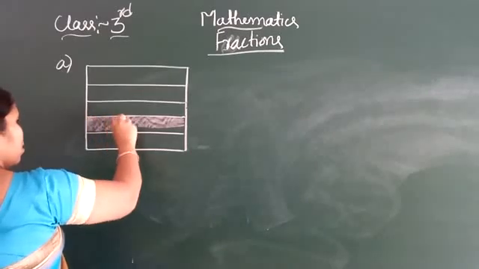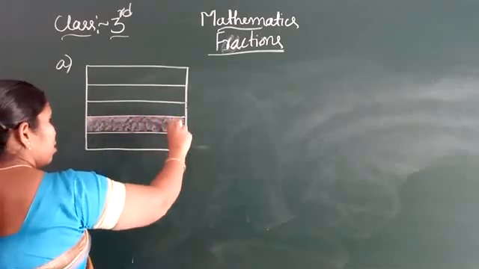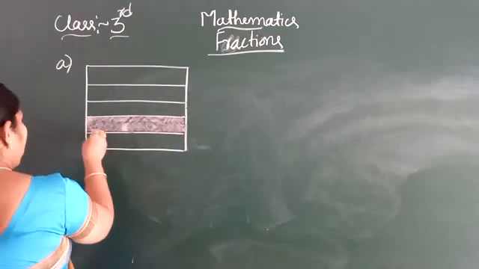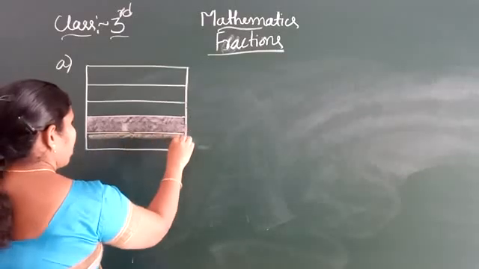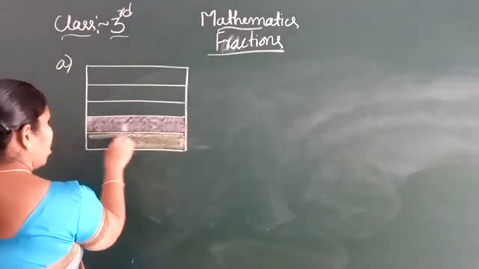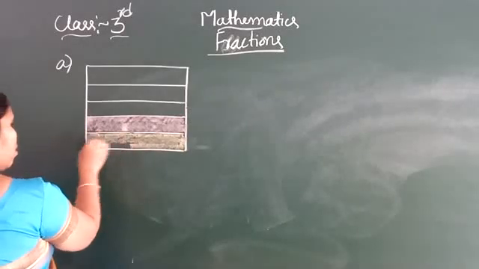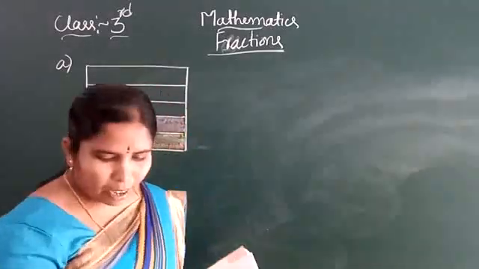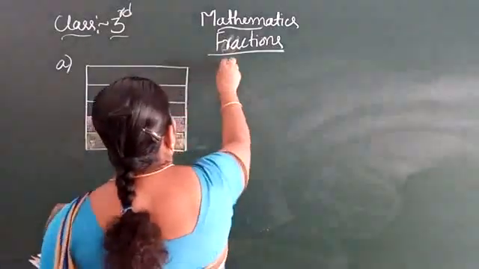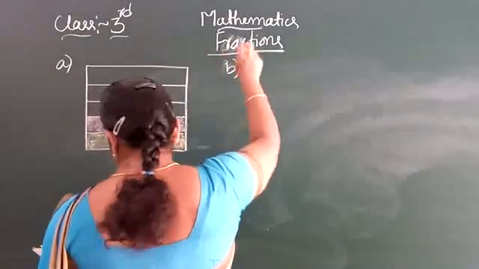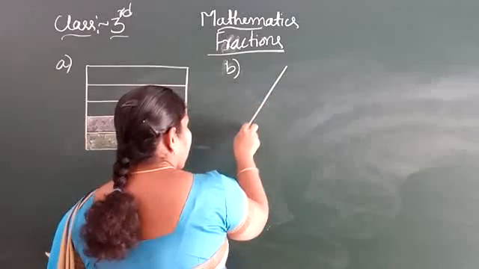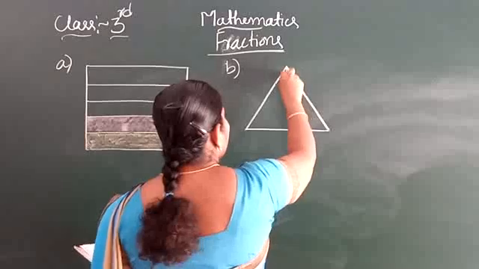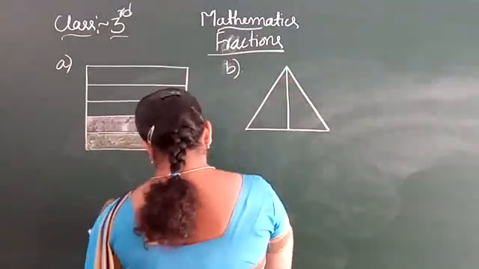Observe the figure. Okay. Then this is the first figure. Then the second one, observe here. Second one means B. I will take this figure, divided into 2 equal parts. Okay.